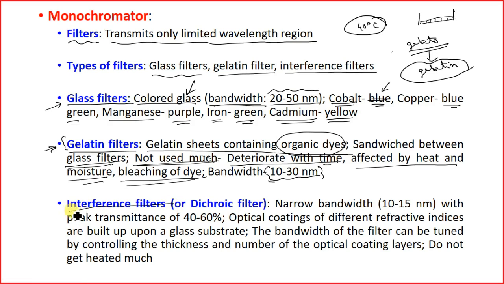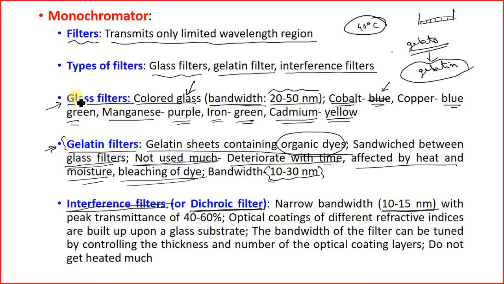Okay, now let us talk about interference filters. I'm sure most of you would not have heard about these interference filters. Now these interference filters are also regarded as dichroic filters. Okay, and they also have a very narrow bandwidth, 10 to 15 nm.